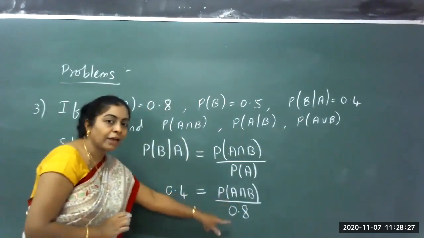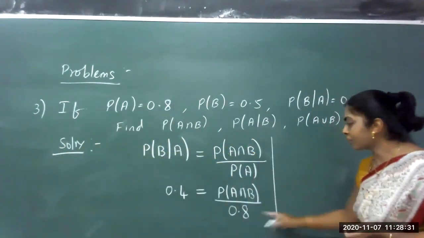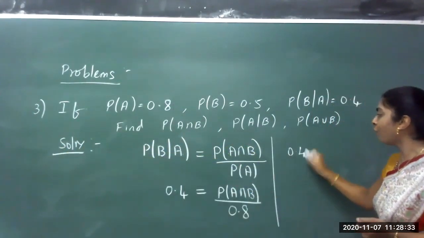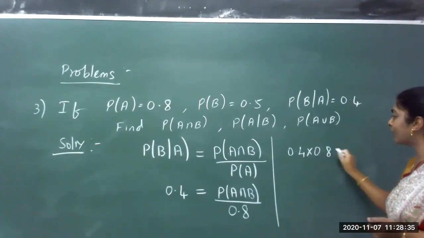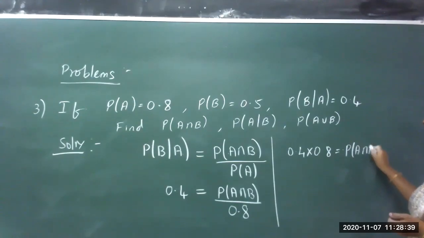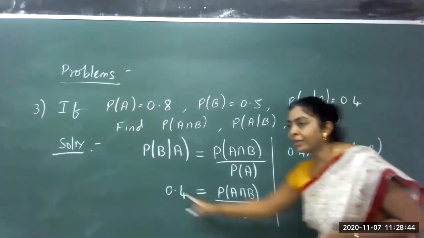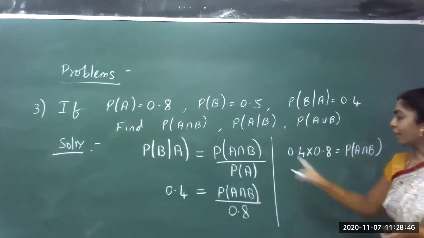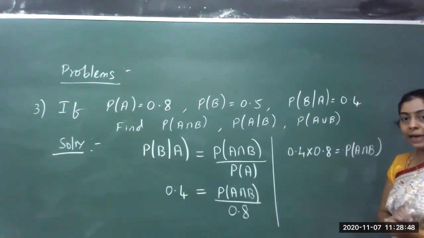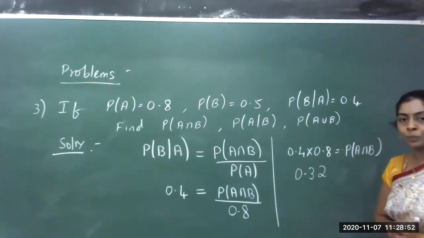Now, to find the value of this, can I cross multiply? If I cross multiply, 0.4 into 0.8 is equal to probability of A intersection B. 4 8s are, I can write it as 0.32.